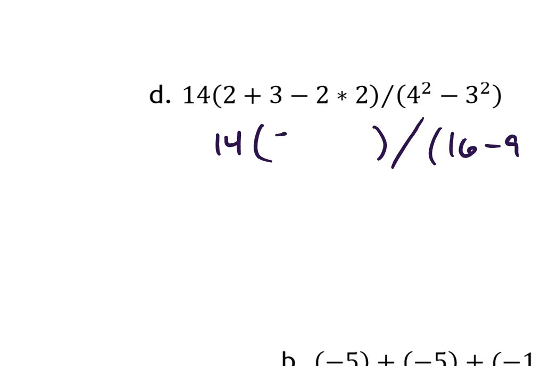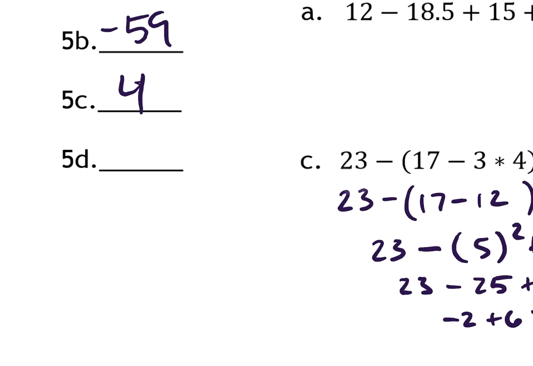I can do that. That's 5. But then I have to subtract from that 4. So what I have here is 5 minus 4 is 1. So I've got a numerator of 14, because 14 times 1 is 14, divided by, and 16 minus 9 is 7. So I end up with 14 divided by 7, which is 2. That was D.